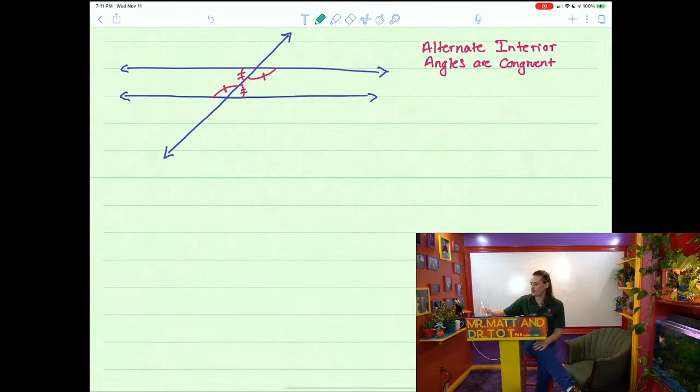Then we also have alternate exterior angles, and they're also congruent. So for example, this guy right here is congruent to this guy over here. And same thing for these smaller angles in here.